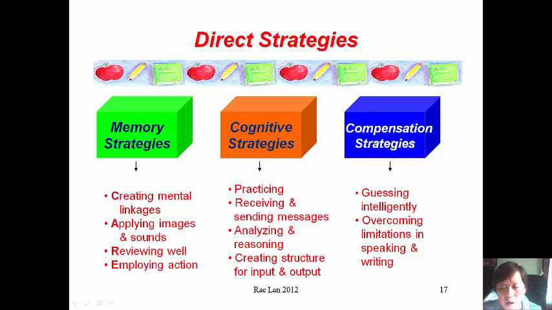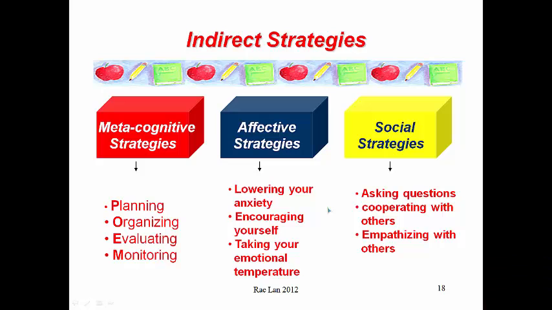The last one is called overcoming limitations in speaking and writing. Now, speaking and writing are 2 output skills. So in other words, when we communicate in writing or in speaking with others, there will be times when we don't know the word, and we need to use compensation strategies to overcome these limitations.